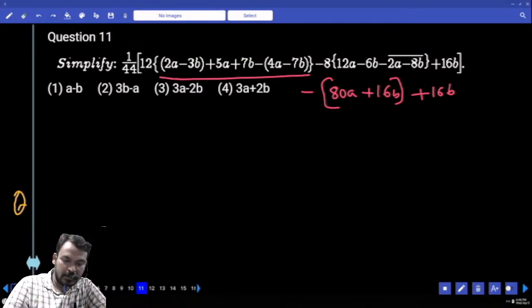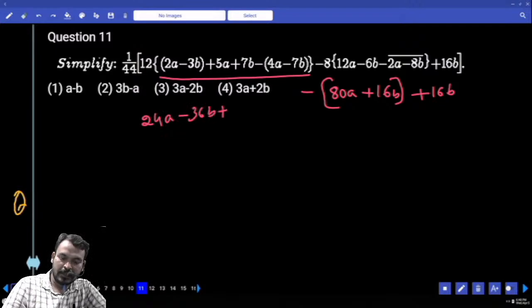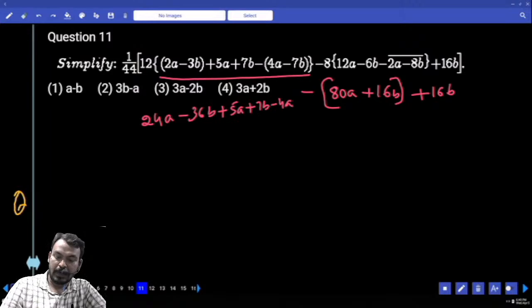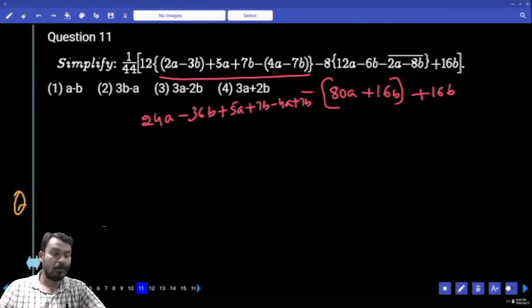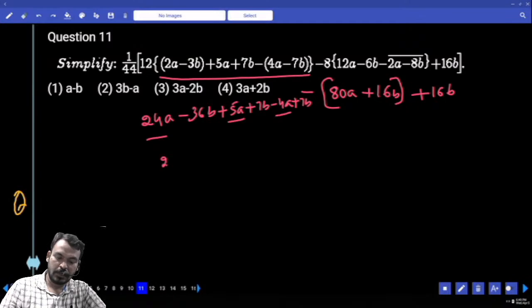And again we are calculating the first bracket value. 2A minus 3B. Nothing but 12 times that. 24A minus 36B plus 5A plus 7B minus 4A minus half, minus plus 7B. Okay. 24A plus 5A, 29A minus 4A, 25A.